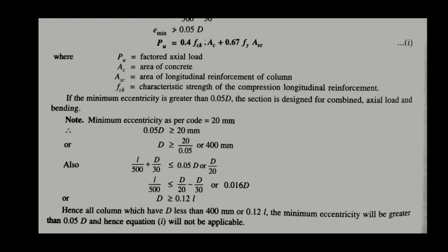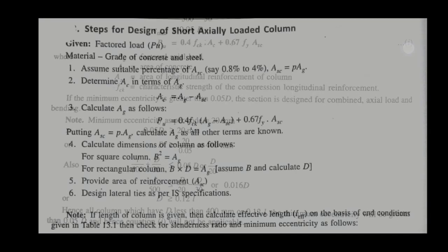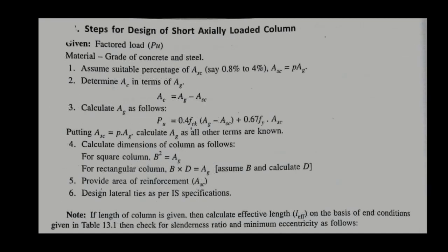Now check out the design steps. How could we design? Now steps for axially loaded column. So, if factored load Pu and the grade of concrete and steel are given, first assume a suitable percentage of area of steel Asc.